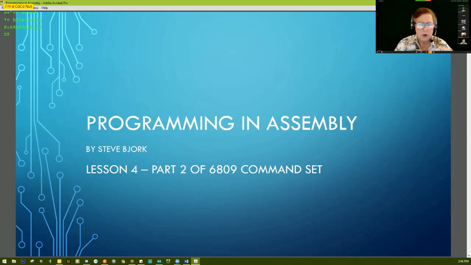See, most instructions either move information into the CPU, move it out, or manipulate it in some way. And so we're going to look at loading and storing, the basic instructions for moving information around inside the computer, and then doing a little math. And then we'll get into some of the other ones.